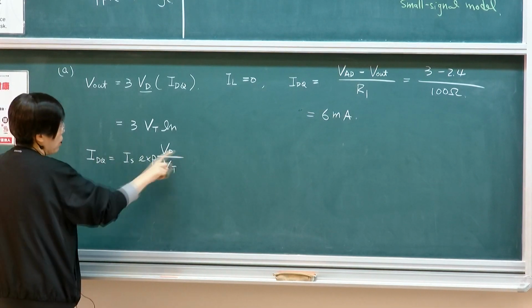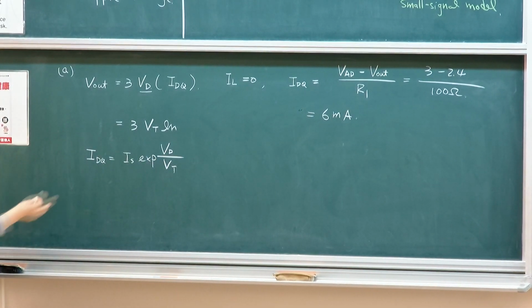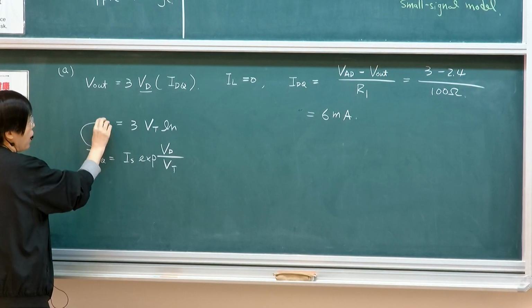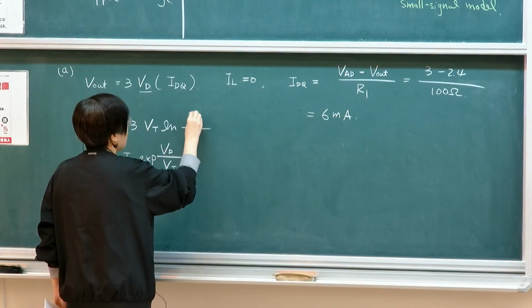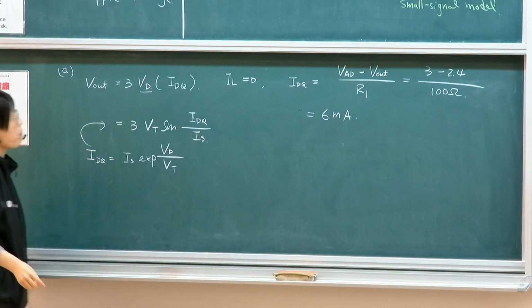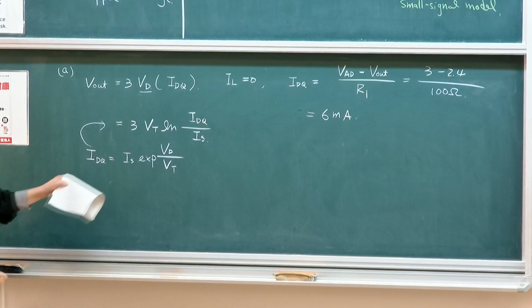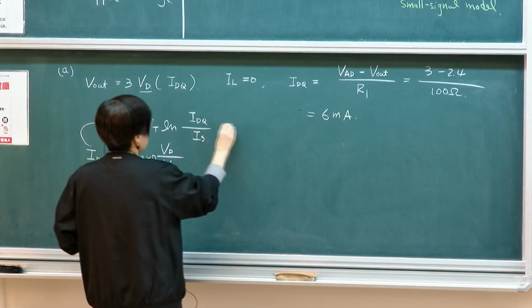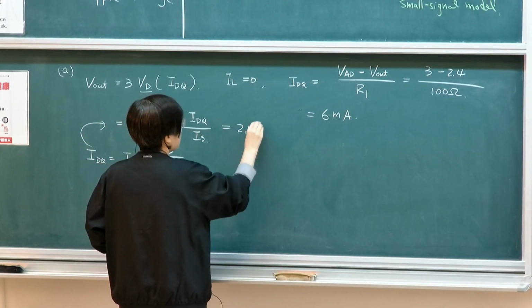I'm just going to ignore the -1 because it doesn't affect anything. So you just simply reverse that into IDQ, IS. Okay? Through that, we should be able to get this equal to 2.4 volt.